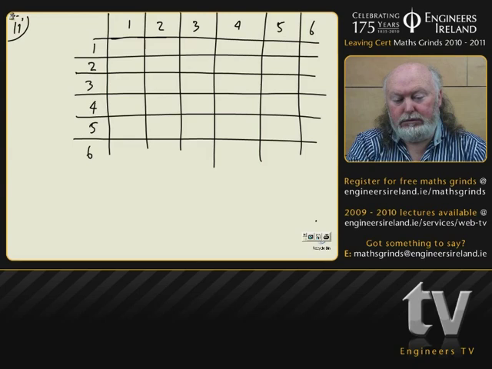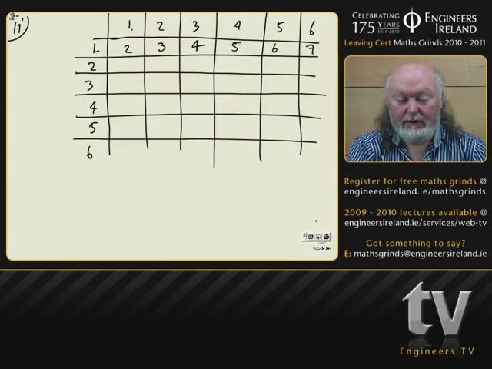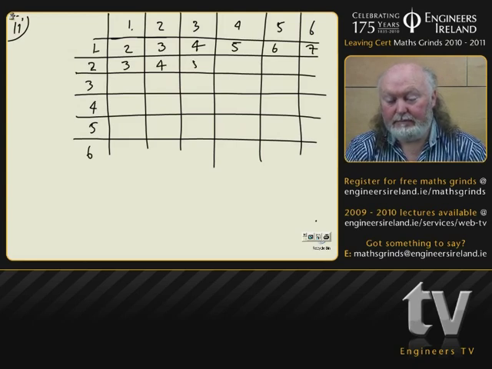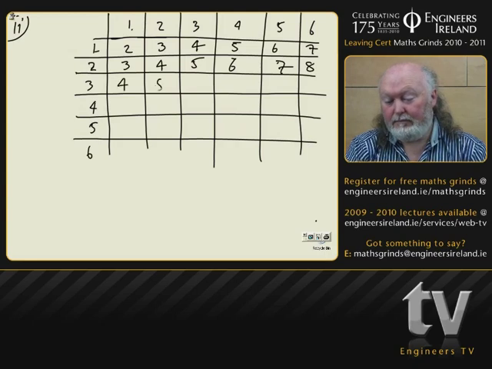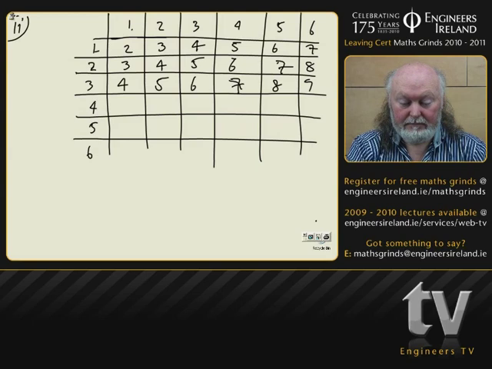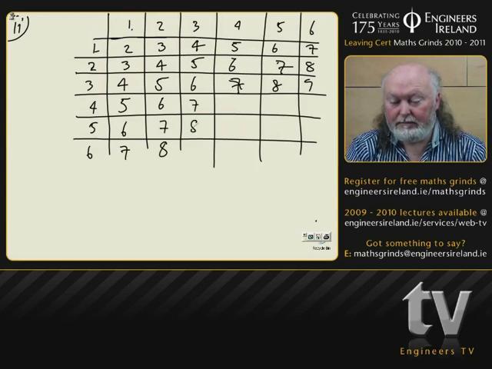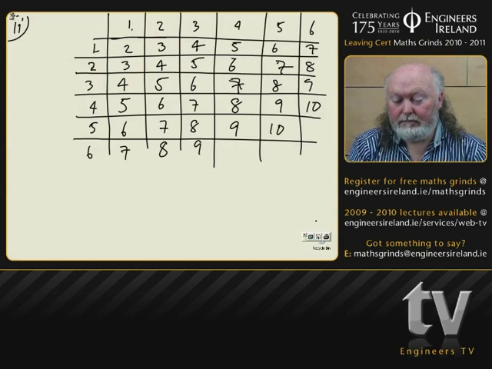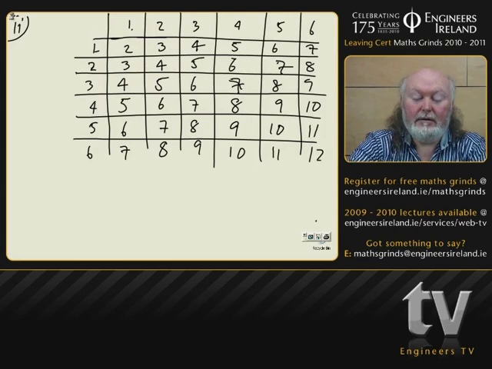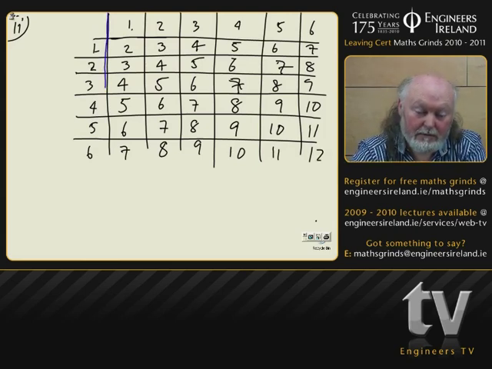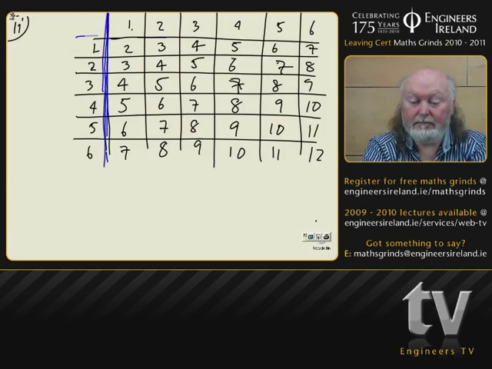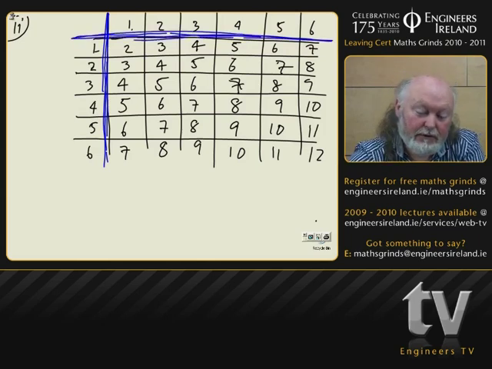So now we're just going to start adding. 1 and 1 will give us a 2, 1 and 2 gives us 3, 2 and 1 gives us 3, 2 and 2 is 4, we could say this is the first throw and that this is the second.